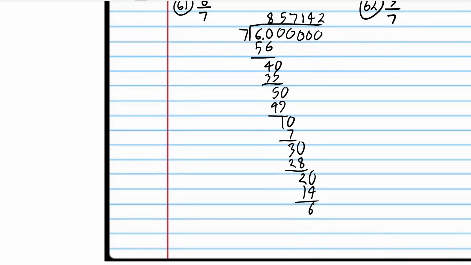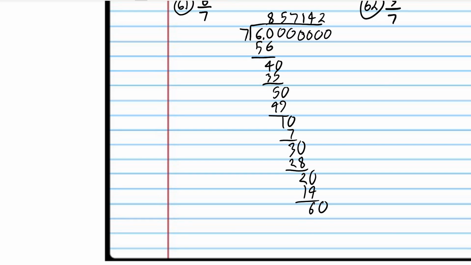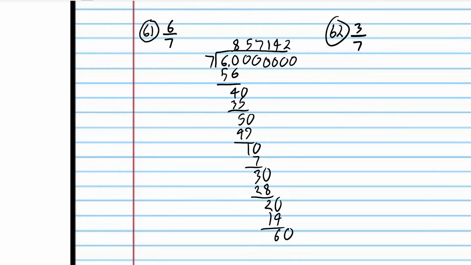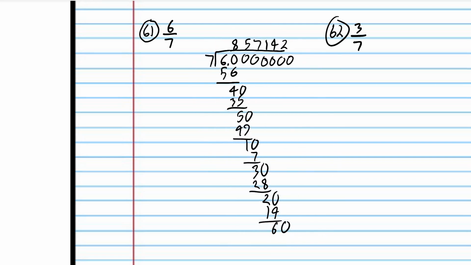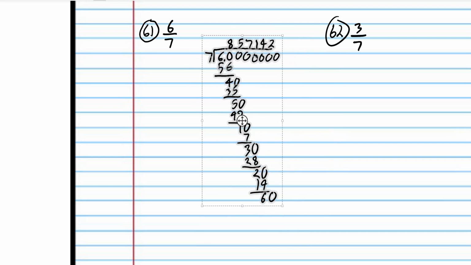As you can see, these numbers don't seem to be repeating. But we get down to 60, and we saw that that's where we started, 60. So now the numbers are going to start repeating. But let's go a little more here just so you can see what's happening. This problem is hard to show on the page because there's so many numbers.